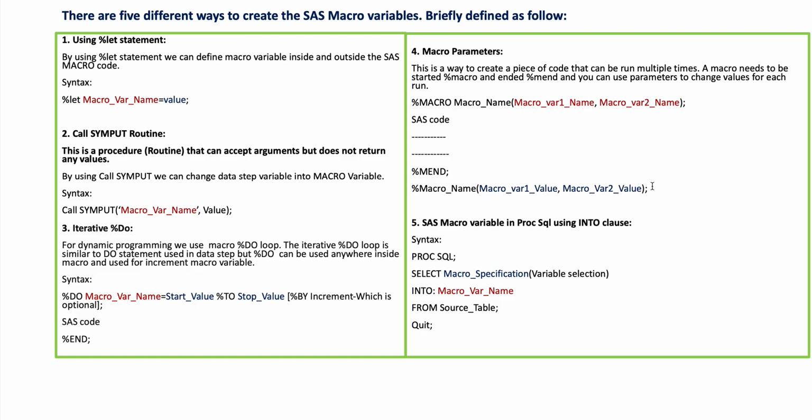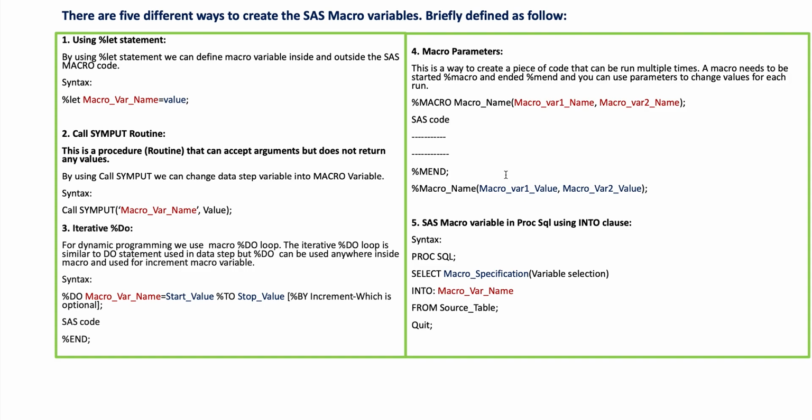And inside the parentheses, we provide the values of the macro variables. Macro_var1_value represents the value of the first macro variable. Macro_var2_value represents the value of the second macro variable. These two macro variables are local macro variables. This is the fourth way we can create macro variables in SAS.